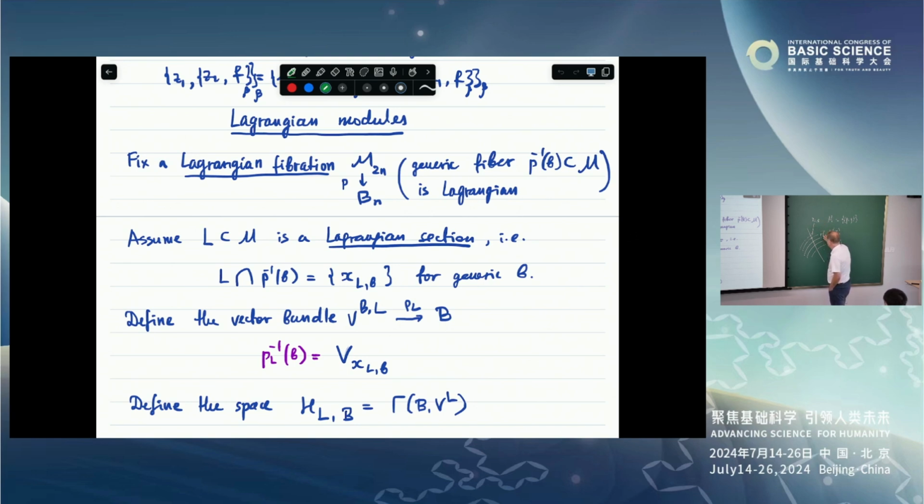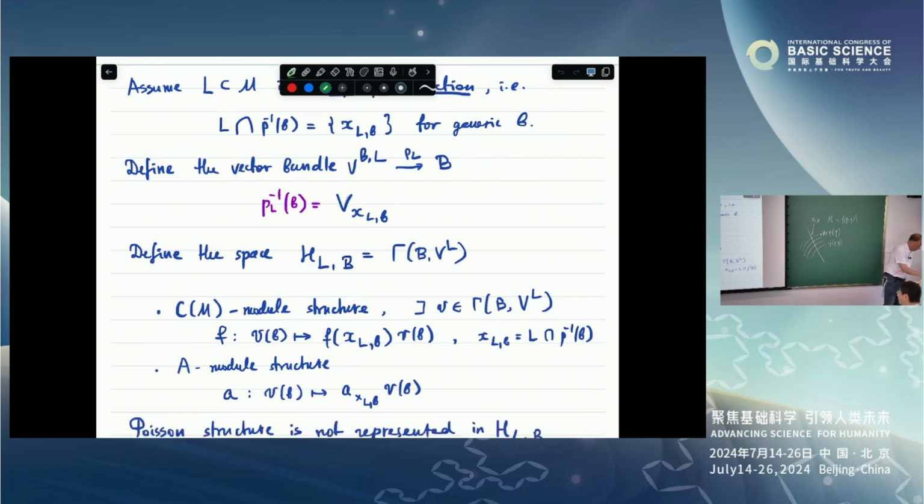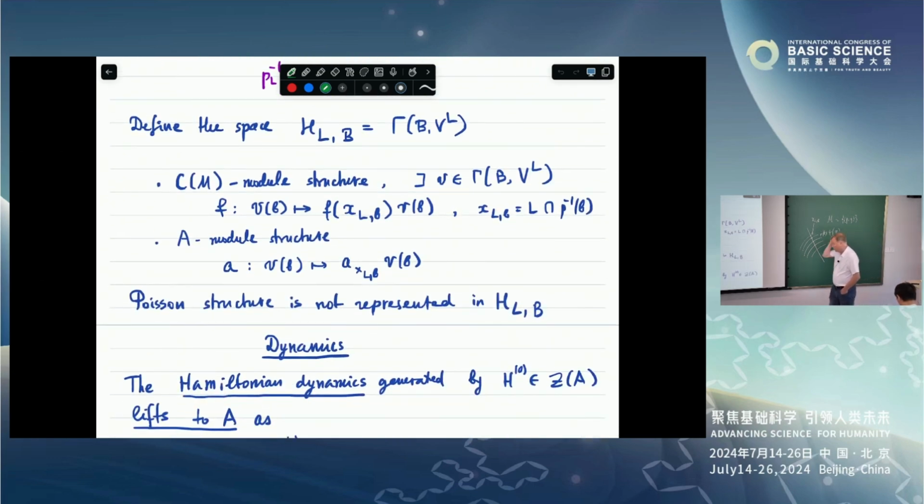So in this picture, we have fibers P inverse of B. Then it naturally gives a vector bundle over B. Simply we say that at the point B, the fiber is the old fiber, but over this intersection point. On these sections, A acts naturally.